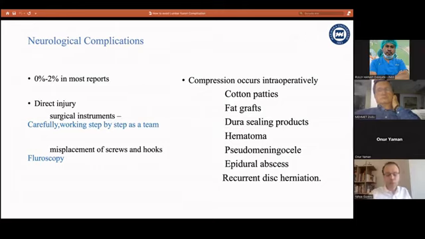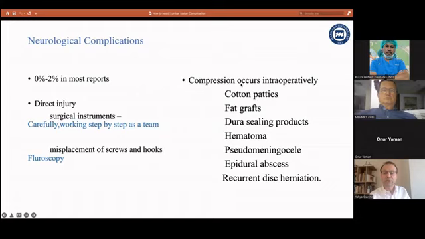We don't do everything with two hands, and sometimes we must be careful. Sometimes misplacement of screws and hooks causes neurological deficit. So we use fluoroscopy before the operation and at the end of the operation. If we are unsure about the placement of a screw, we check again with fluoroscopy during the operation.